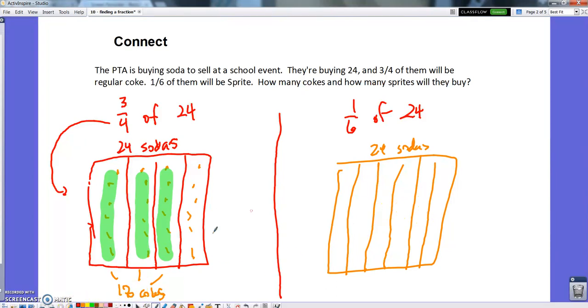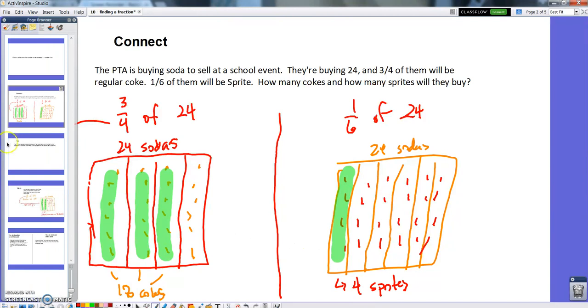Went ahead and put my 24 sodas in. 1, 2, 3, 4, 5, 6, 7, 8, 9, 10, 11, 12, 13, 14, 15, 16, 17, 18, 19, 20, 21, 22, 23, 24. And now 1 of the sixths was Sprite. That is that many. And that was 4 Sprites. And that's how we did it yesterday.